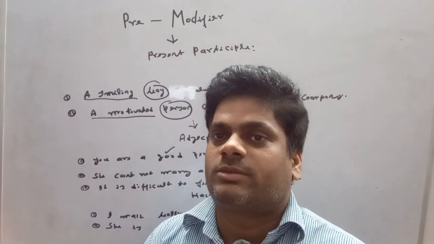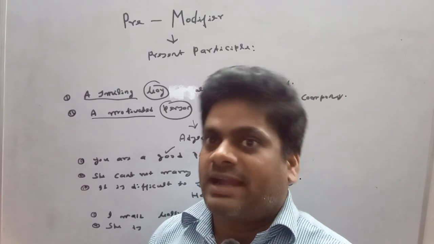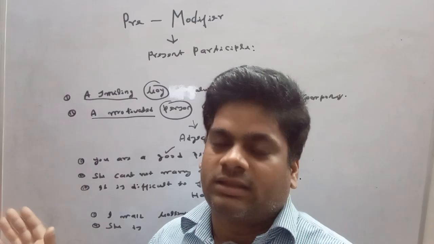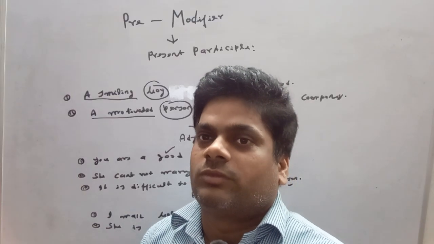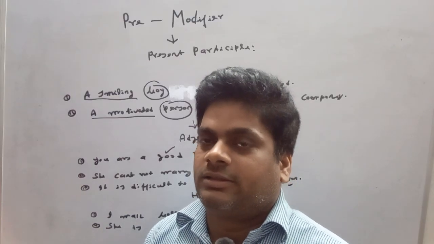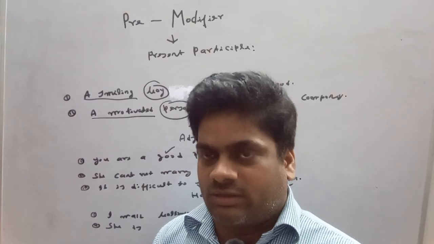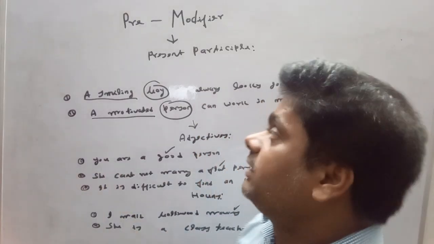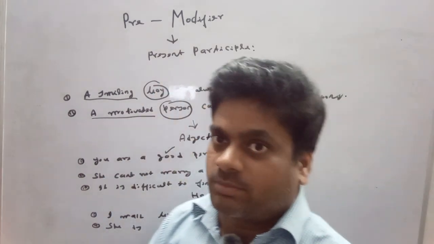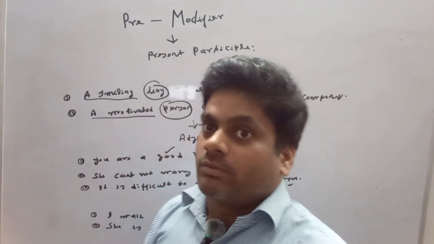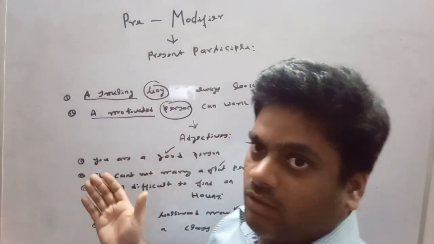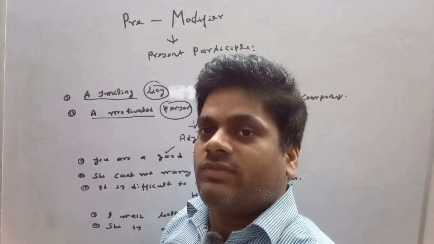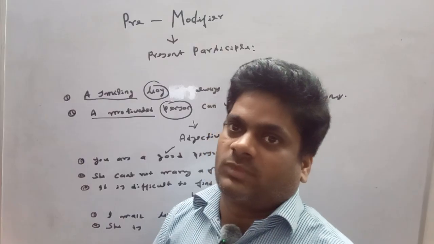If they appear anywhere, not in a sentence, then we can say that these are determiners, pre-modifiers working as a present participle or past participle. But we can call all these pre-modifiers adjectives if they work in a sentence.